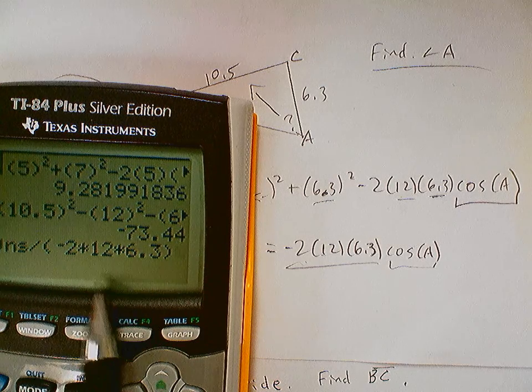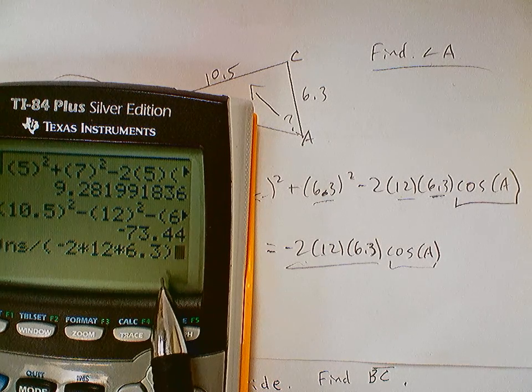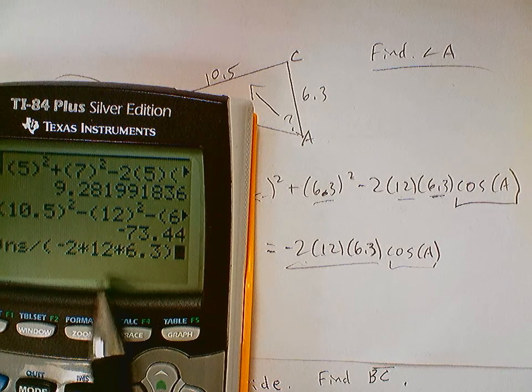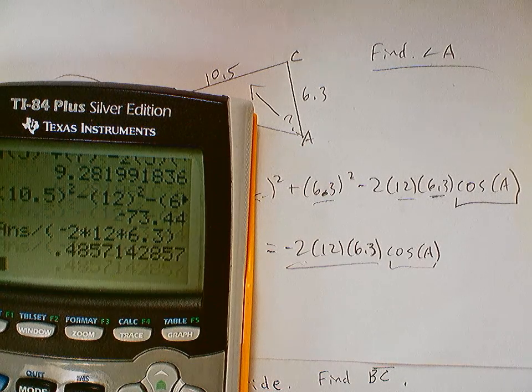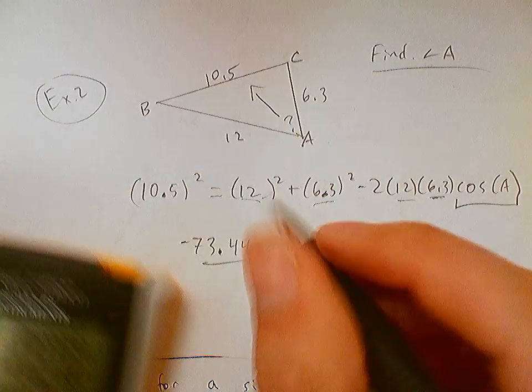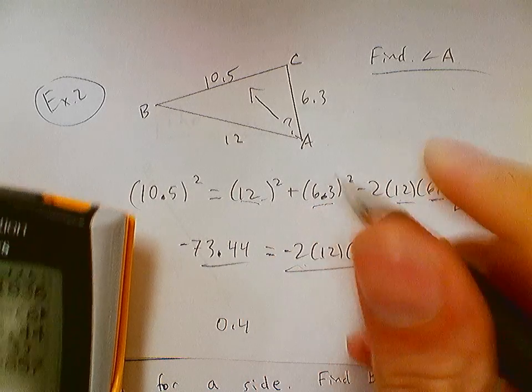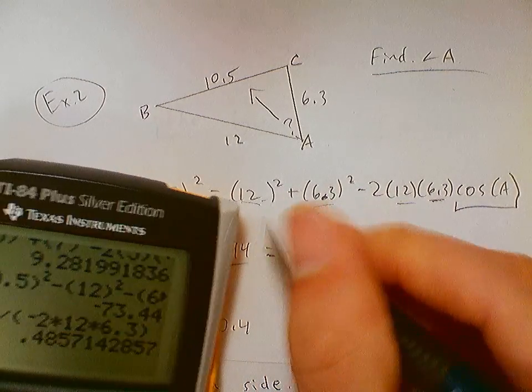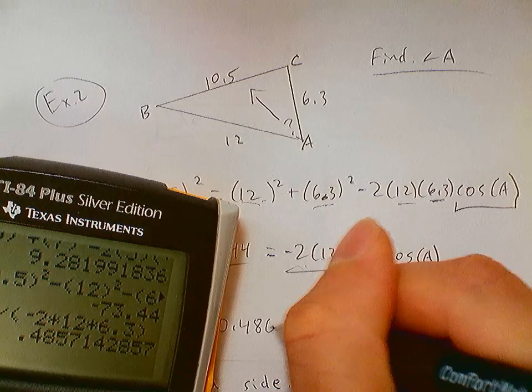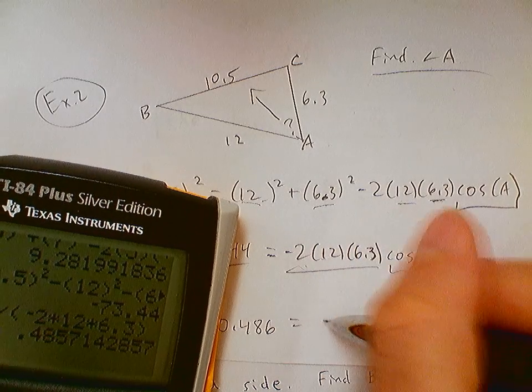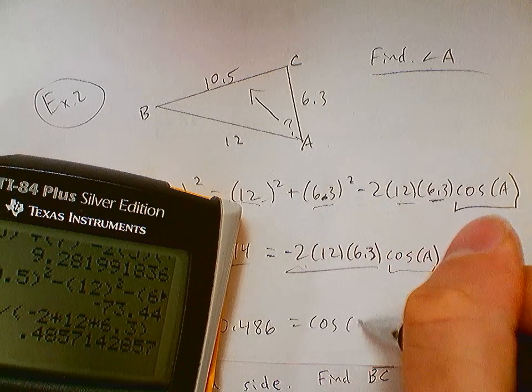If you're going this route, make sure you keep the parentheses around all of that. So divide both sides by that, we get 0.486 equals cosine of A.